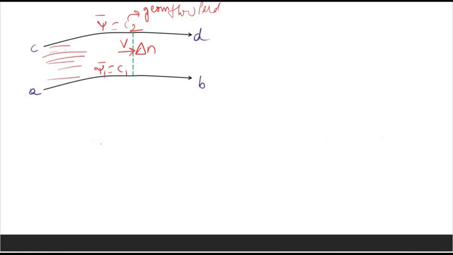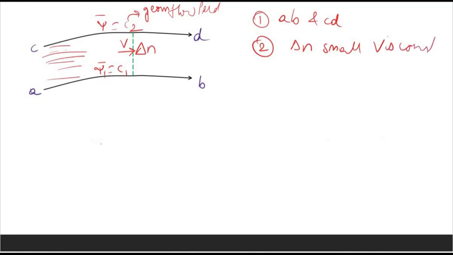So, the first consideration we make is the same, that is, our streamlines AB and CD. Now here the assumption that we are going to take is that the streamlines are very close to each other, that is, delta n is small and the flow velocity V is constant across delta n.